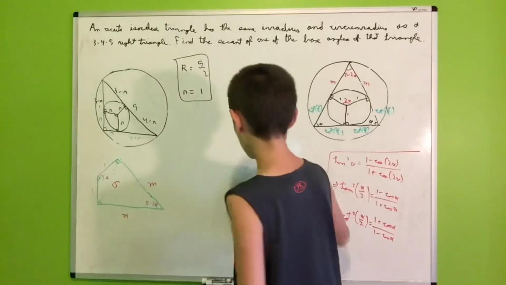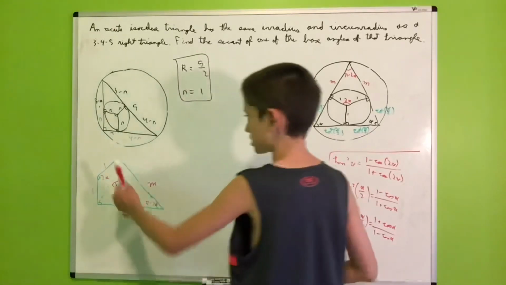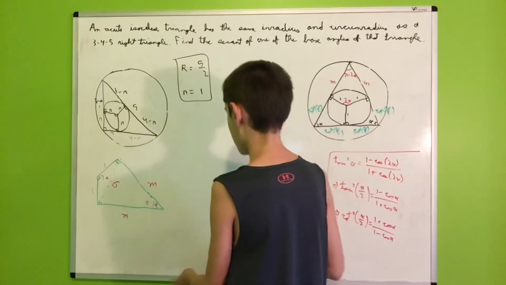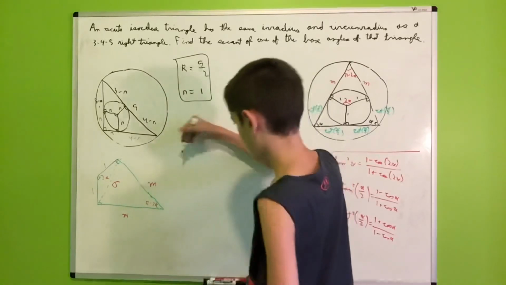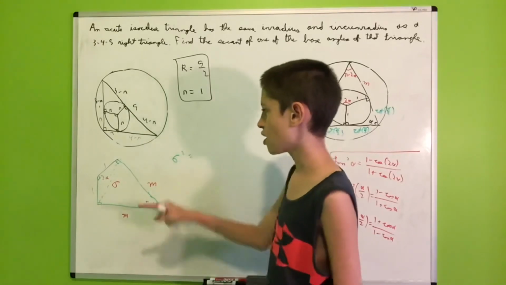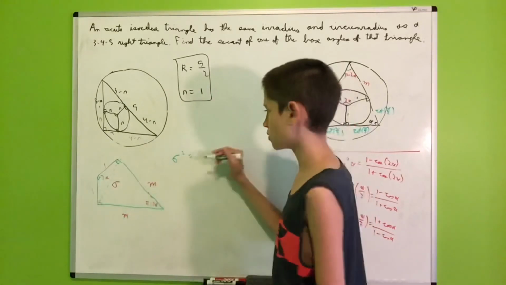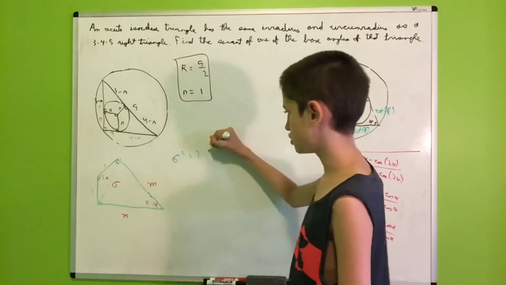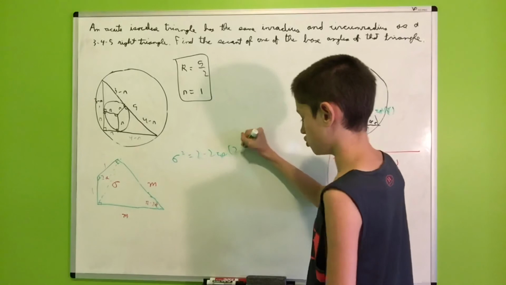Okay. So as we did before, we will apply the law of cosines in these two triangles. We have that sigma squared, our variance, no just kidding, will be 1 squared plus 1 squared, which is 2, minus 2 times 1 times 1, which is 2, cosine of 2 alpha.